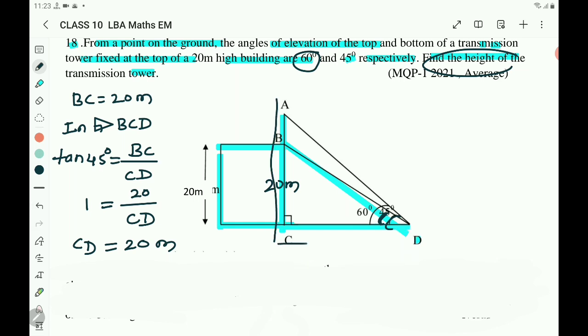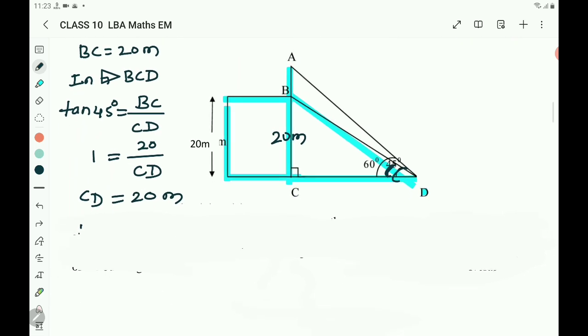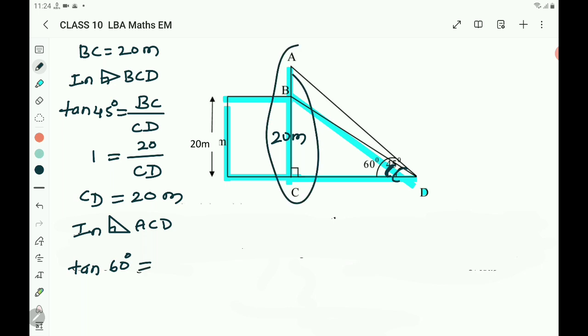Then again use the triangle ACD. In the right angle triangle ACD, again AC is the opposite side and CD is the adjacent side. Write tan theta only. Tan how much? Angle of elevation for the triangle is ADC and that is 60 degree. You take tan 60 degree is equals to, which is the opposite side?